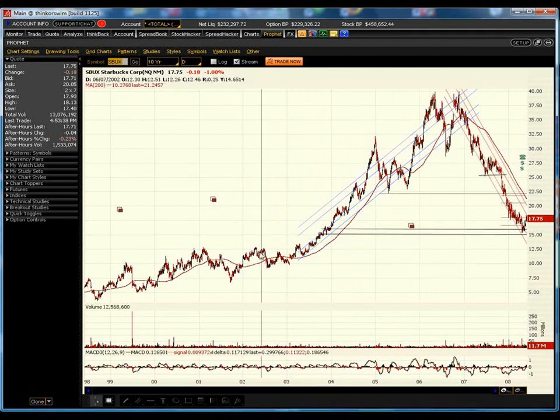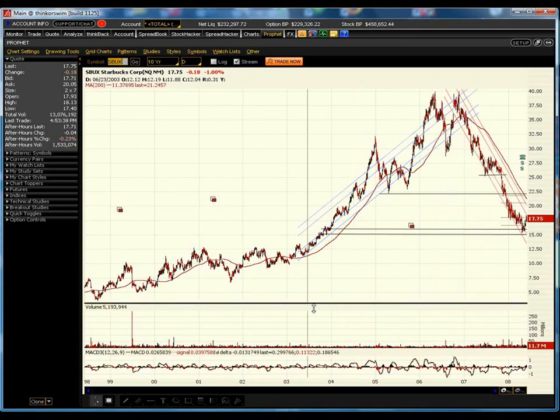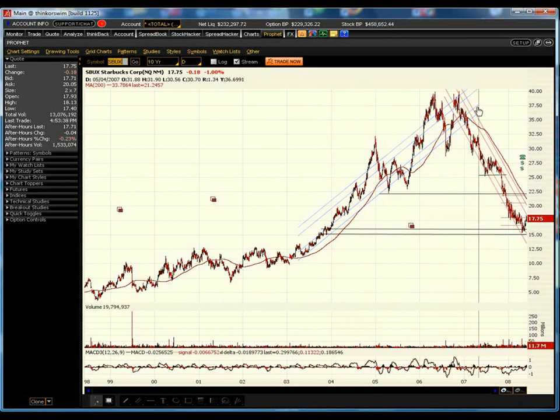So as Starbucks prospered, so did the mutual funds who bought their stocks. But at some point, they realized that the party is over. The consumer is no longer in as good shape as it was back in 2003. This is 2007. Now we have the housing crisis to deal with.